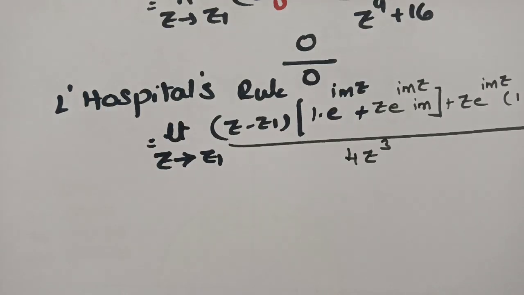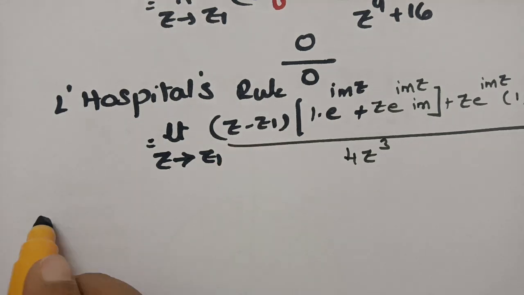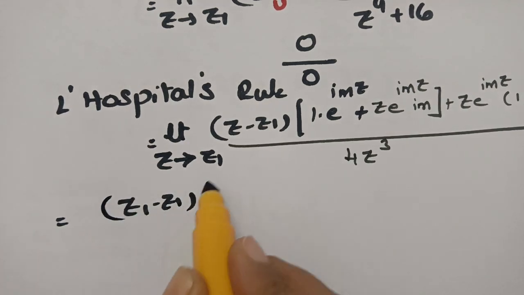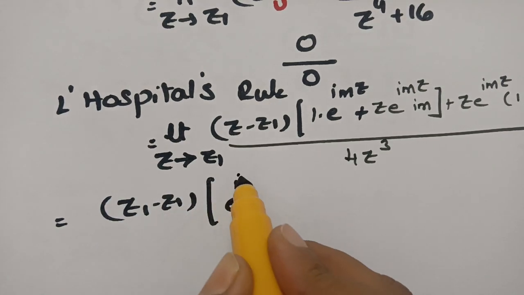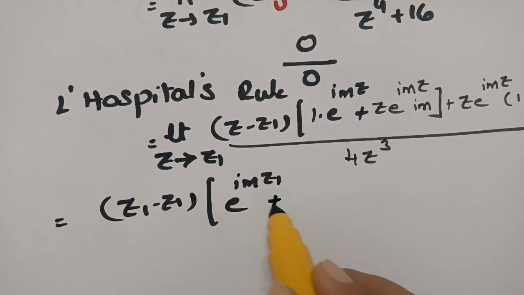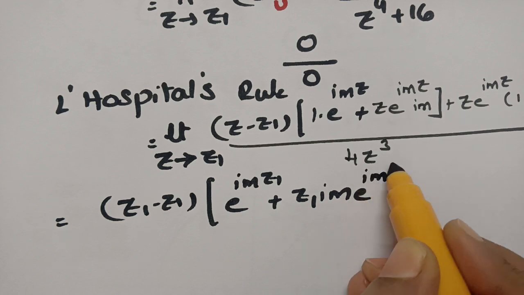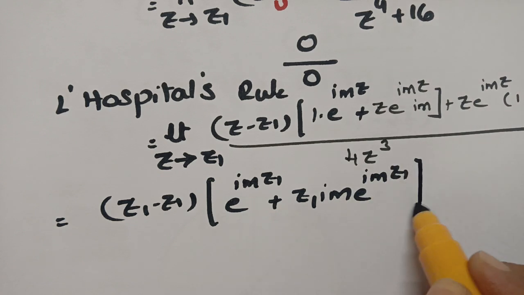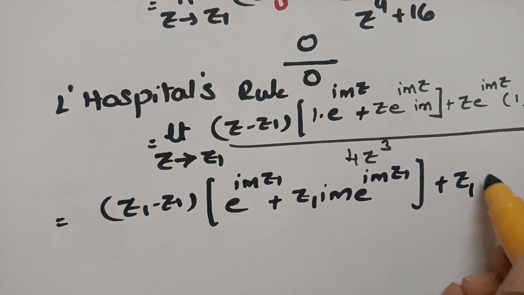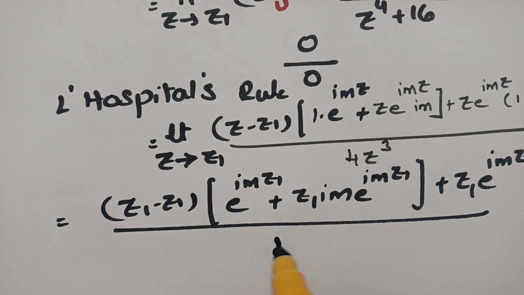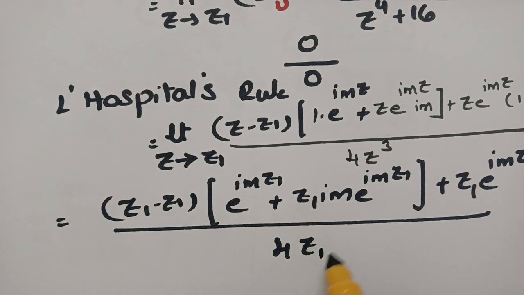And now what we have to do? We have to apply z equal to z1 here. This will be (z1 minus z1) times e^(im z1) plus z1 im into e^(im z1) plus z1 into e^(im z1), by 4 times z1 cube.